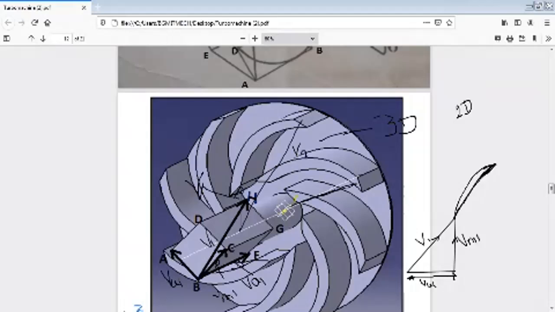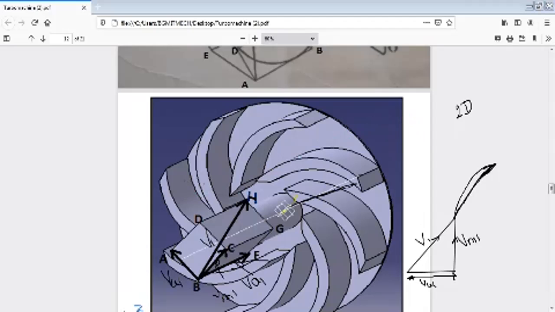So two radial positions we are considering. So your blade varies from R1 at the inlet tip to R2 at the outlet tip. The flow is radial flow like this. As the flow is in the radial direction, we are considering only Vm1 here.